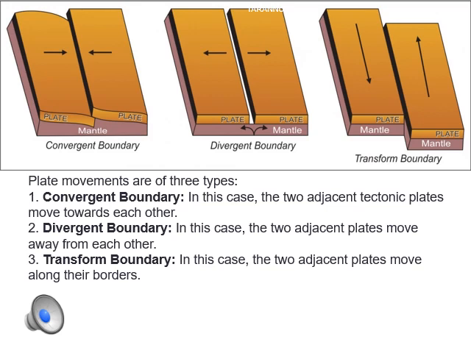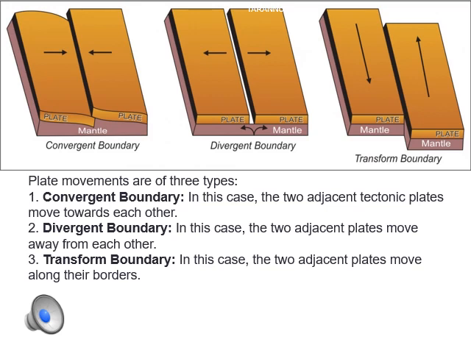Then comes the divergent. This type of movement creates a divergent boundary when the plates are moving away from each other. If you see the arrows of the divergent boundary, they are moving away from each other. So this movement is called divergent boundary. Then see the transform. Transform boundaries move in opposite directions.